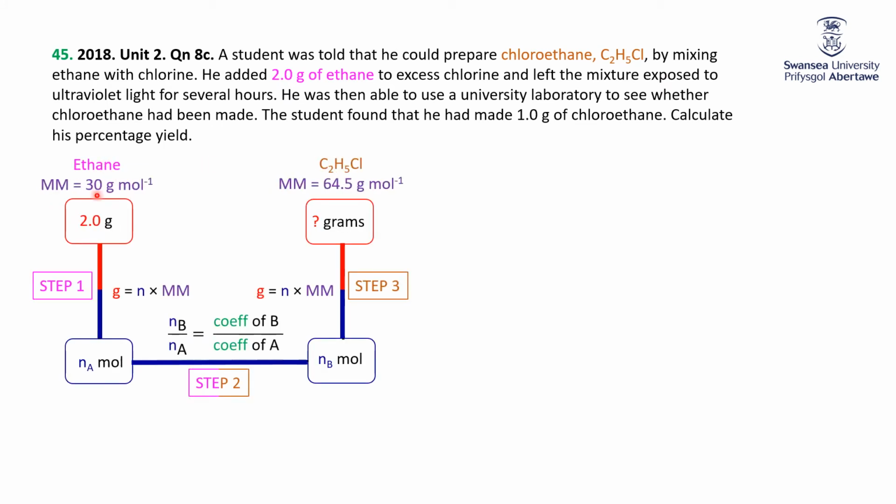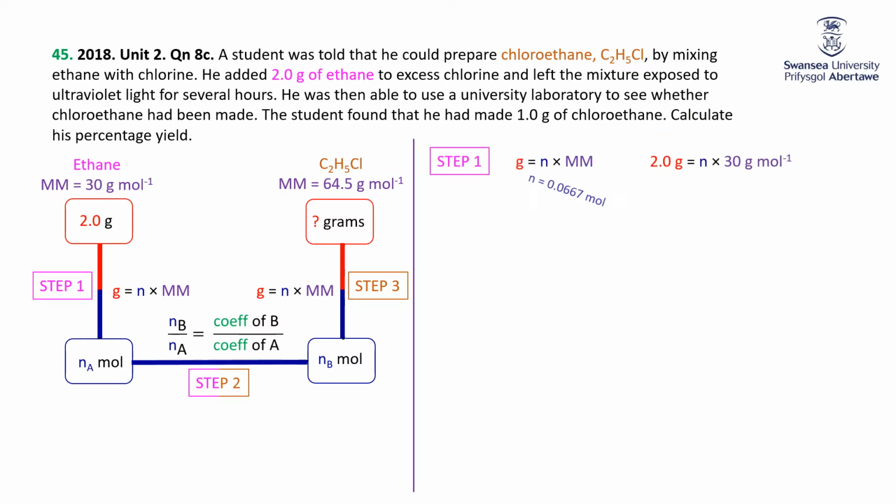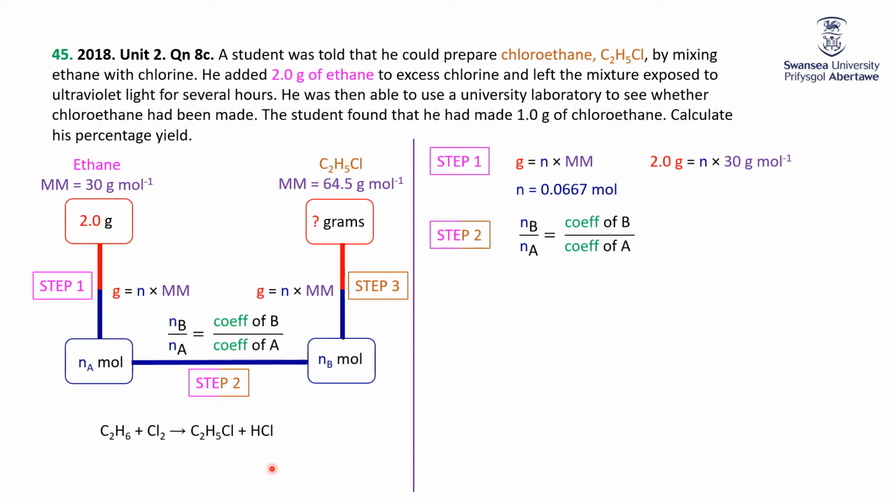So we're starting with ethane, we're making the chloroethane, and we need to know how many grams of chloroethane we could have made. So step 1, grams to moles, so 0.0667 moles of the ethane. That goes in this box. Convert that to moles of the chloroethane. To do that, we need the coefficient of the equation. What equation, you say? Well, the equation that we're told, ethane plus chlorine makes chloroethane, plus of course the HCl.